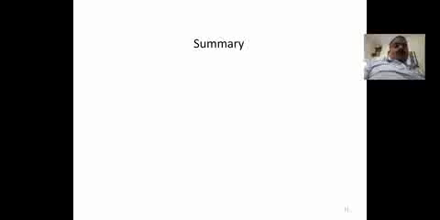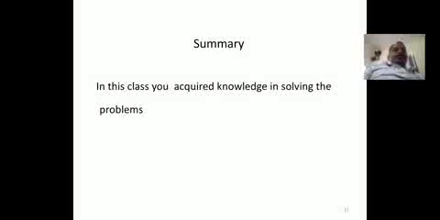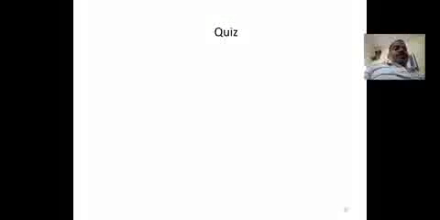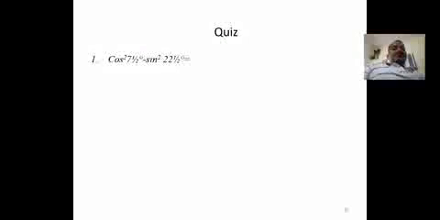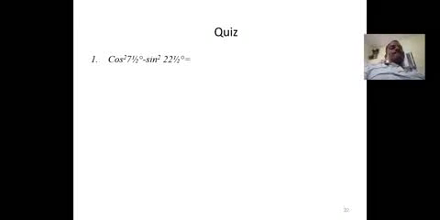Now, in this class you acquired the knowledge of solving problems on compound angles. Now one more problem: cos square of 7.5 degrees minus sine square of 22.5 degrees. This is cos of a plus b into cos of a minus b.